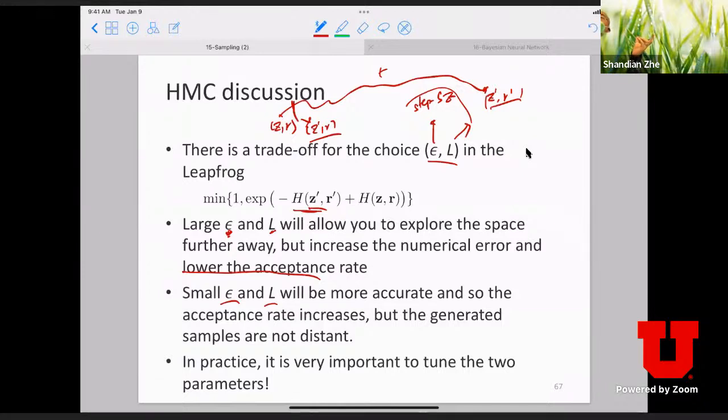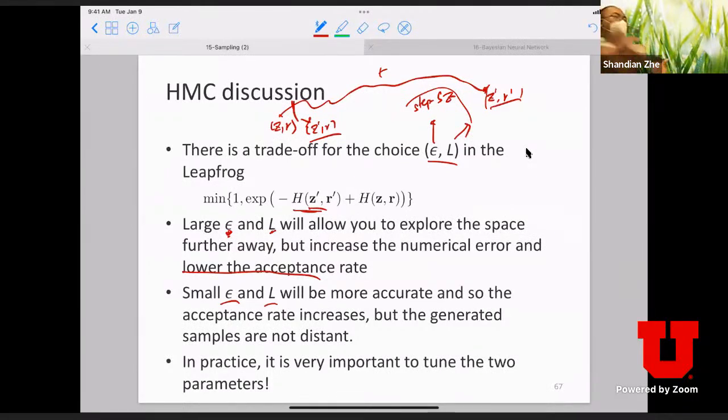So you can see the trade-off between the two. If you set a large step size or a large number of steps in the numerical integration, it can help you to explore the whole sample space more efficiently. At the same time, you accumulate more error and your acceptance probability drops. On the other hand, if you set your step size to be very small and choose just a few steps, your numerical integration will be very accurate.